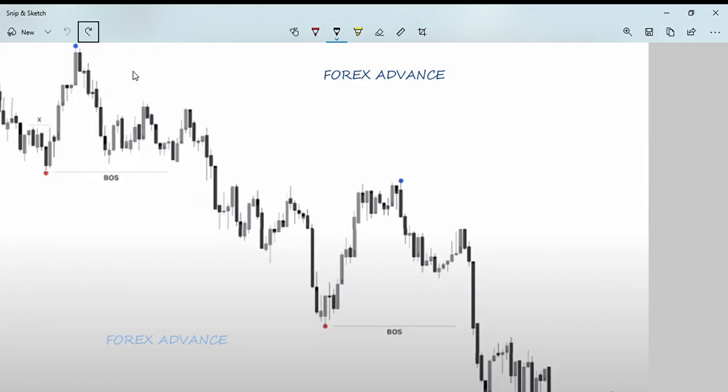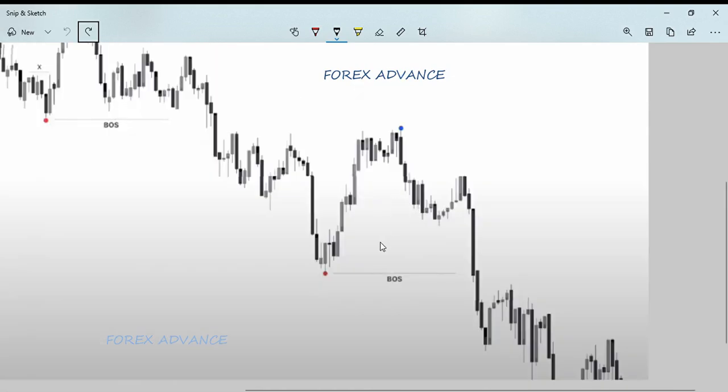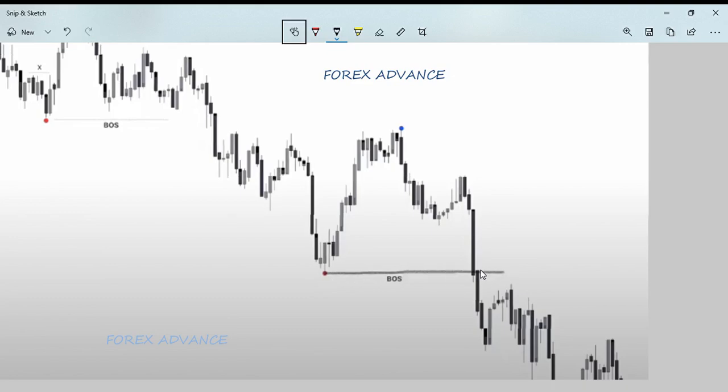We will wait for the next break of structure, and in the next scenario we can see that here is the point where the market has broken the structure. So after this break of structure, we have to look for the imbalance and the order block.